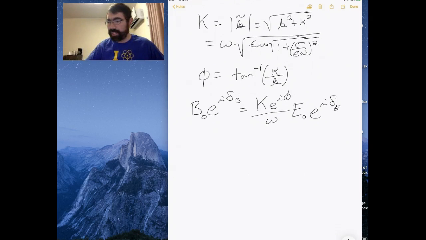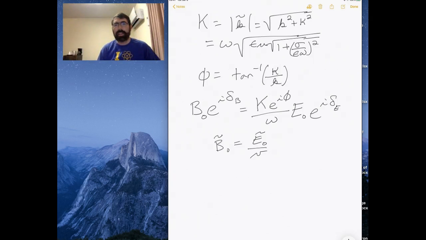I'm just saying that the amplitude of the magnetic field is equal to the amplitude of the electric field divided by the speed. But I've now written them out in terms of real and complex parts.